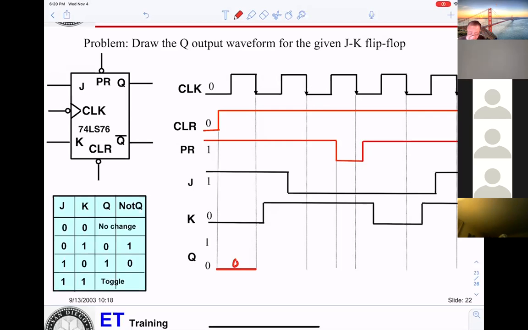This is a transition. The thing is, clear equals 0 right here.